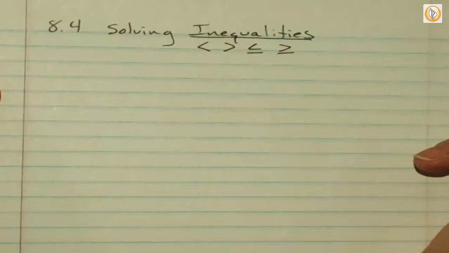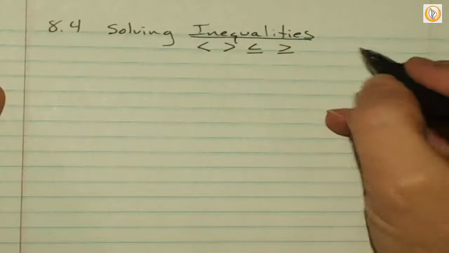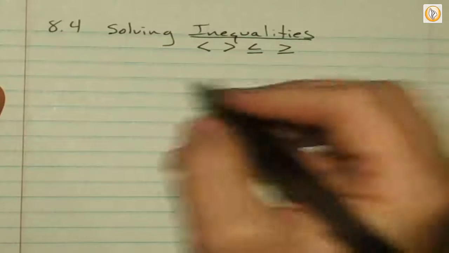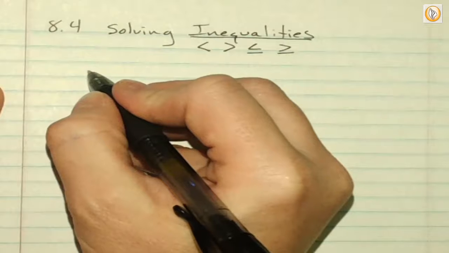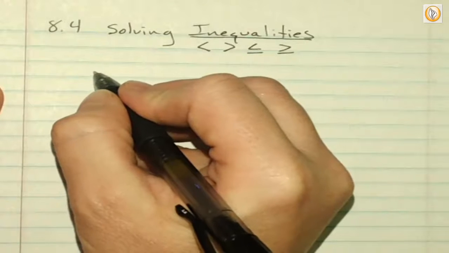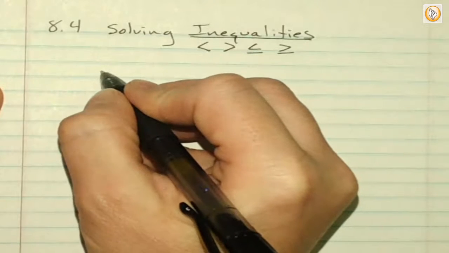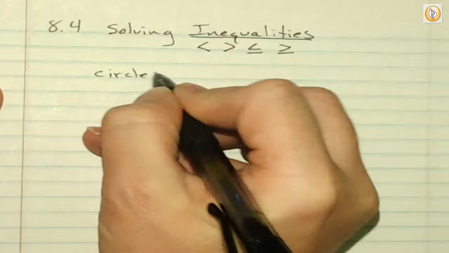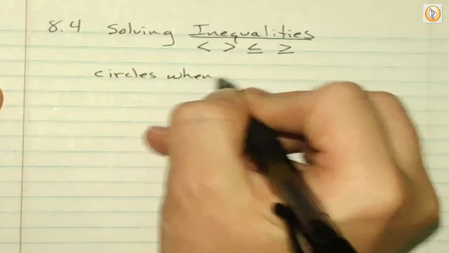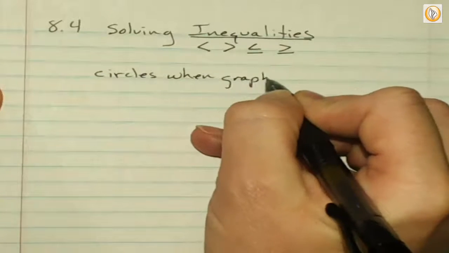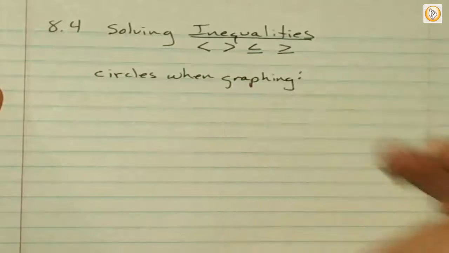Oh, Michael, you remember? Okay. Circles when graphing. I'm ad-libbing here.